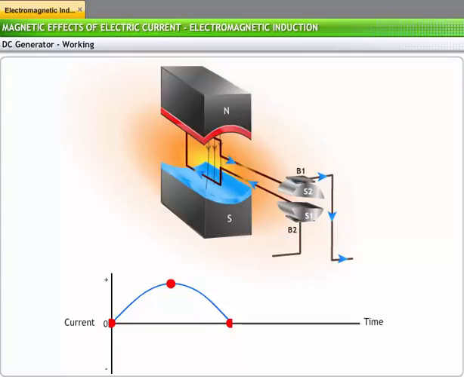At this point, the contact between the commutator and the brushes is reversed. The first brush now comes into contact with the second segment, while the other brush comes into contact with the first segment of the commutator. This keeps the current going in one direction.